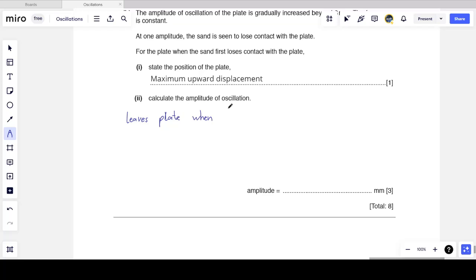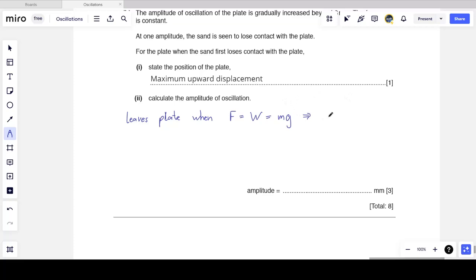So the plate begins to move downward, and for a moment in time, the weight of the sand and the force downward is the same, and so the force F is equal to the weight of the sand, which is equal to mg. And so the plate accelerates downward at the same speed that the sand does, and for a moment in time, the plate and sand are just separated.